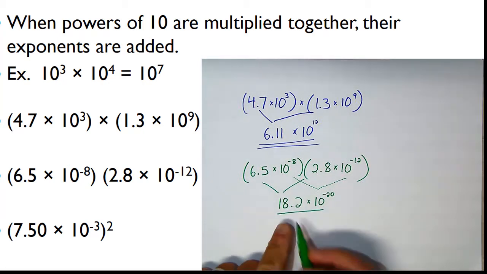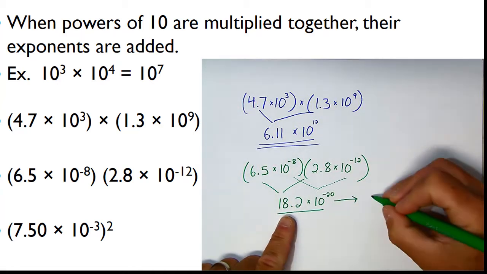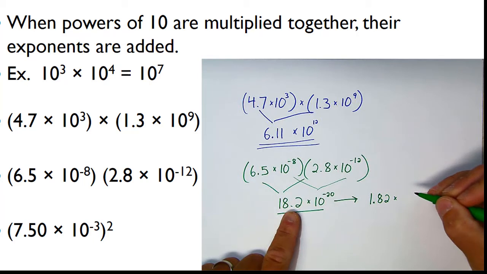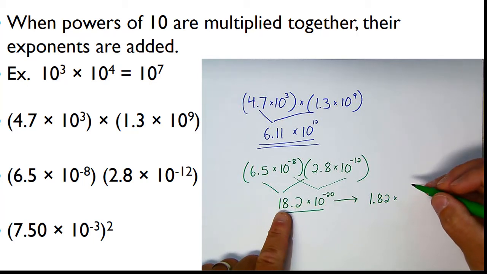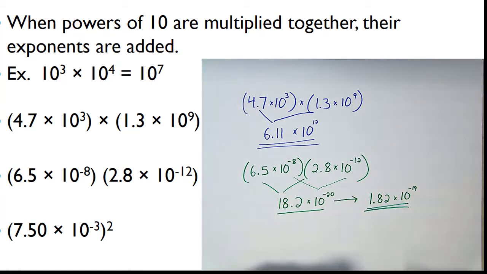Okay. However, our coefficient ended up being too big there, so we need to make an adjustment. We're going to call that 1.82. And since our coefficient is going to get one spot smaller to be where we want it, our power of 10 has to go one spot bigger, and bigger than -20 is -19. There's our result in scientific notation.